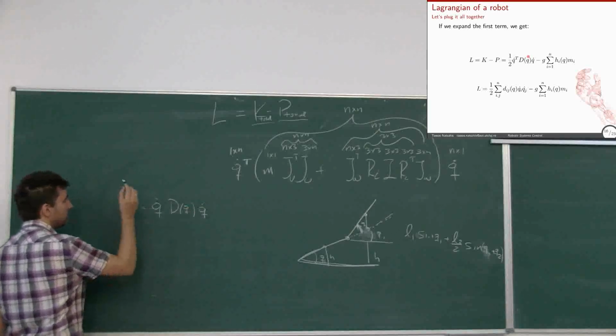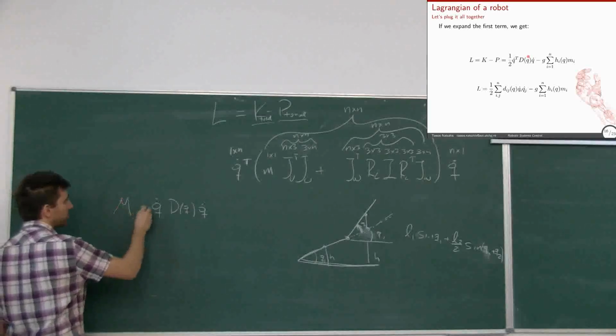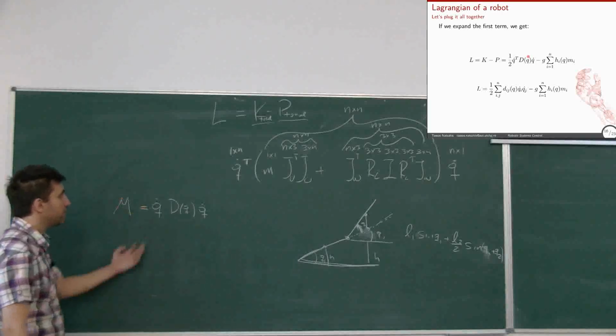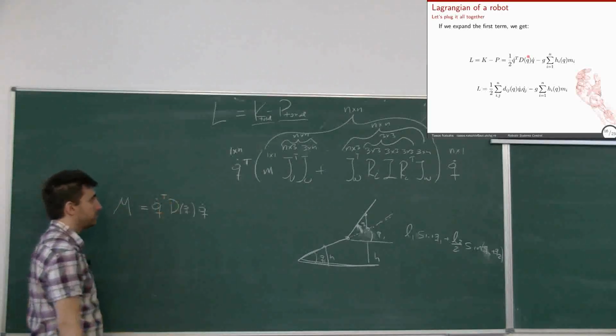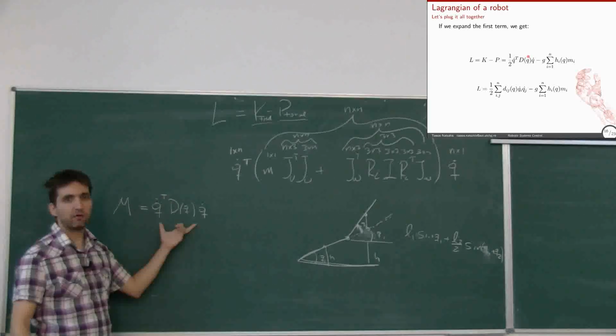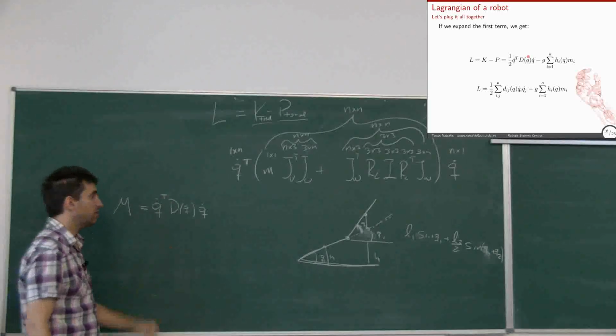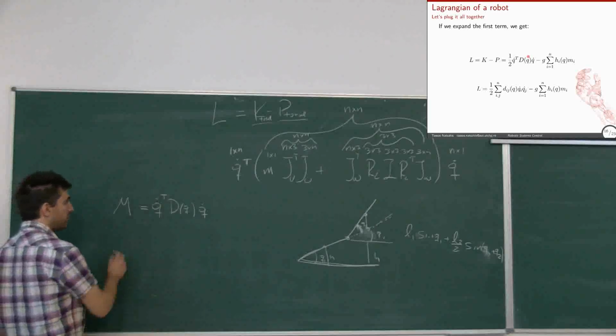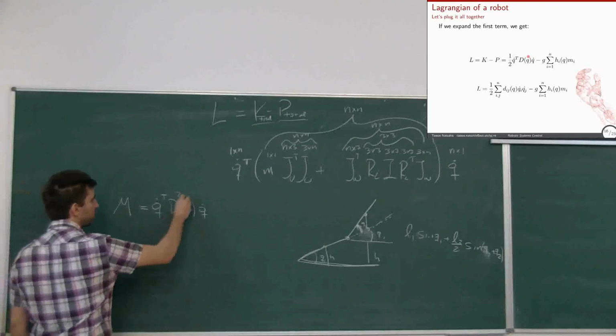Let's call this M. This is basically a system of equations, another way to write it. What system of equations? Let's say this is a 2 by 2.